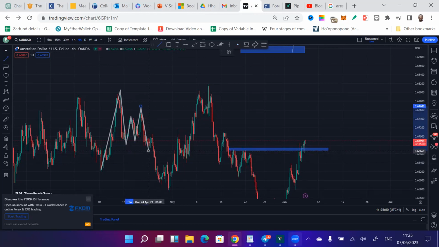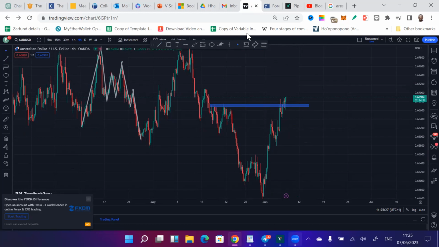All these are swings. You see, so what am I drawing? I'm drawing all these up and down movements.